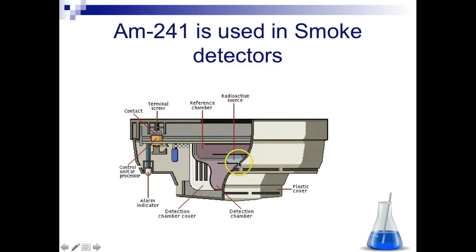They go through your smoke detector, and when smoke gets in the way of those alpha particles going through, blocking the current, that's when your smoke alarm goes off in your house. So if your smoke alarm is going off, that's because your radioactive source is being blocked from sending out a signal to the rest of the smoke alarm.